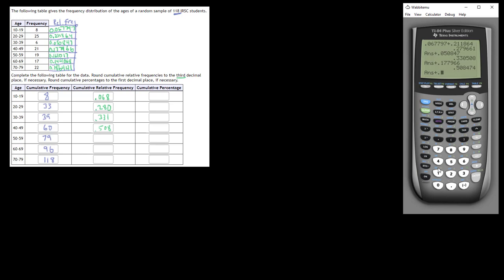So plus 0.166, oh, no, sorry, 0.161017, round that to 0.669, it looks like.